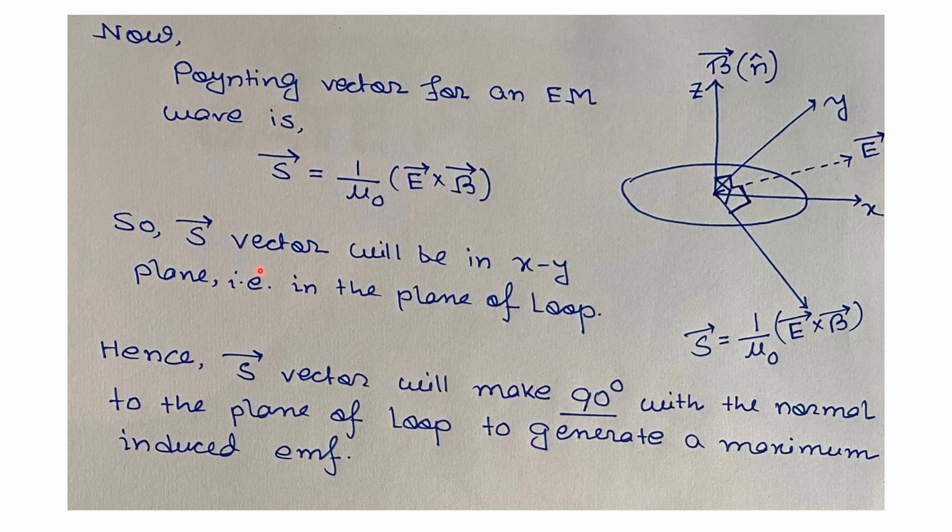So S vector will be in the xy plane, that is in the plane of the loop. Hence S vector will make 90 degree with the normal to the plane of the loop to generate a maximum induced EMF.